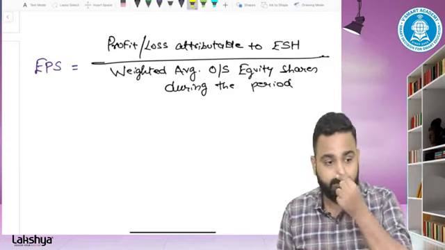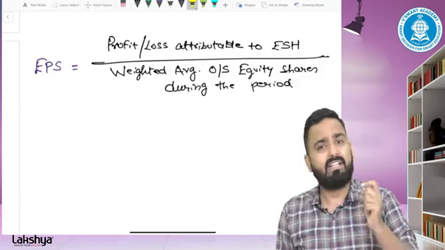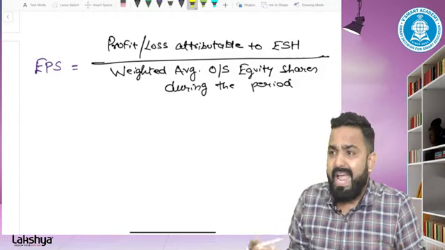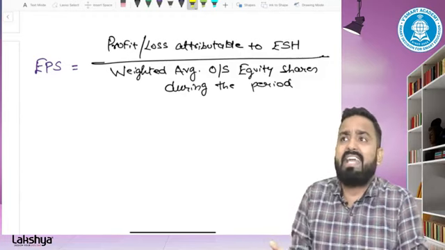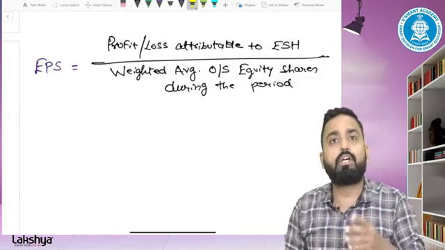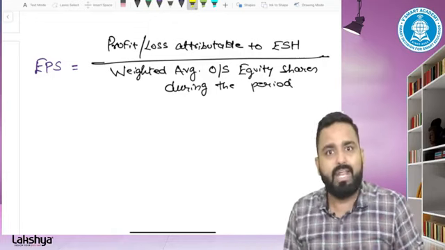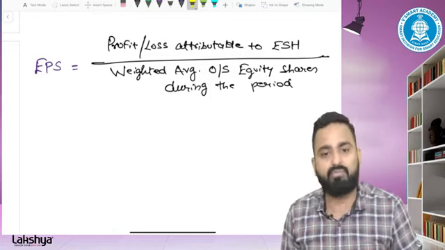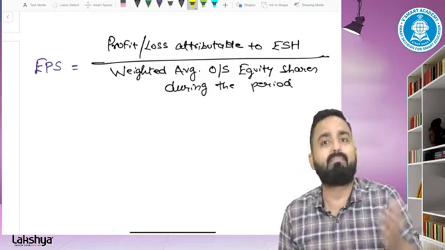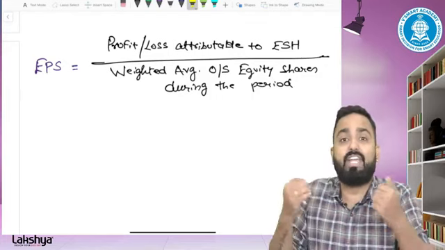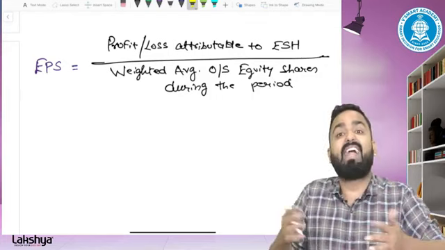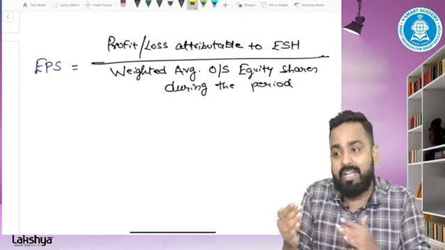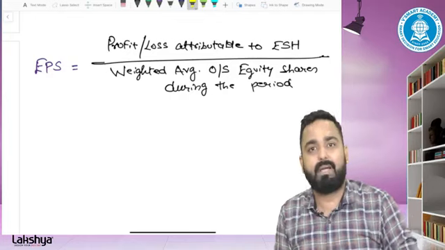Guys, understood or not? So considering this, we can't take the final total number, like the closing balance of equity shares, because in the entire year so many shares were issued in the middle of the year, and so many shares have been bought back in the middle of the year. So each and every share may have a different proportionate right over the earnings of the company, based on the issue or the date of buyback.